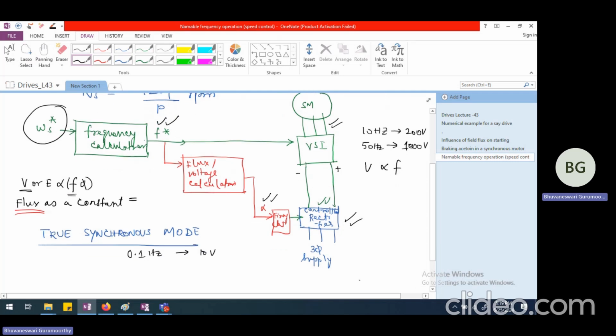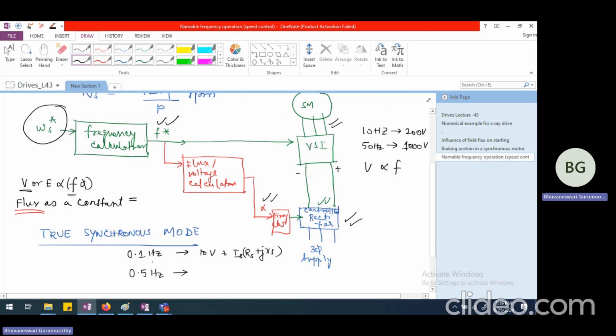I might again have to compensate for the stator drop, like what I did in the case of the induction motor. So 10 volts plus whatever is IS times (RS plus jXS). This has to be added. Then from 0.1 hertz, I may next go to 0.5 hertz.